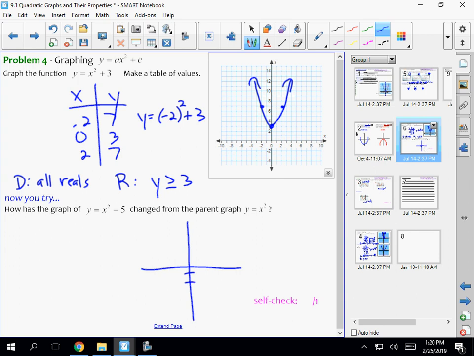Well, all that it's done is shifted down 5 units because of the negative. That's as a transformation. There's a very rough sketch, but I'm just drawing y equals x squared, but shifting it down 5 units. And that would change the range so that y has to be greater than or equal to what? -5.